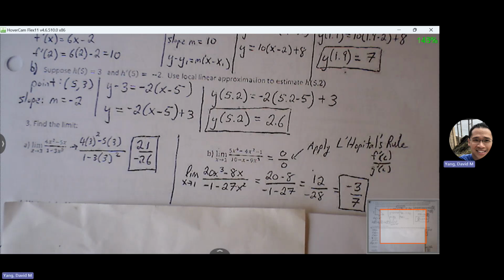Part B, however, we do get 0/0, so we can apply L'Hopital's rule in that instance.